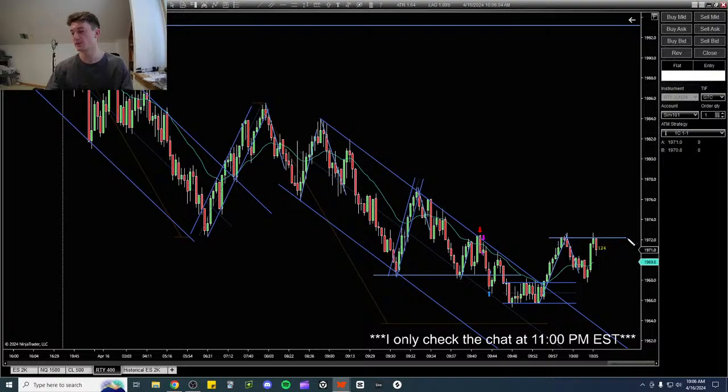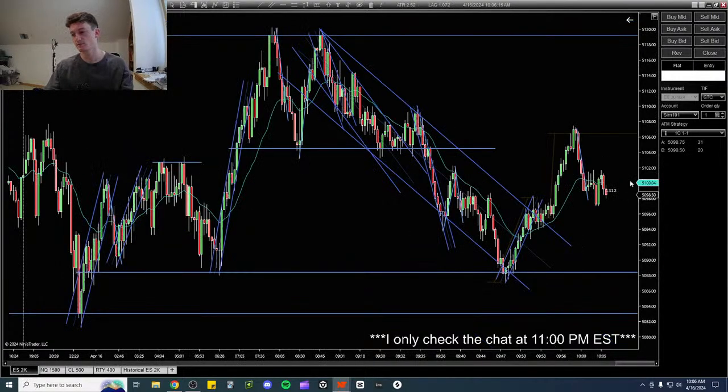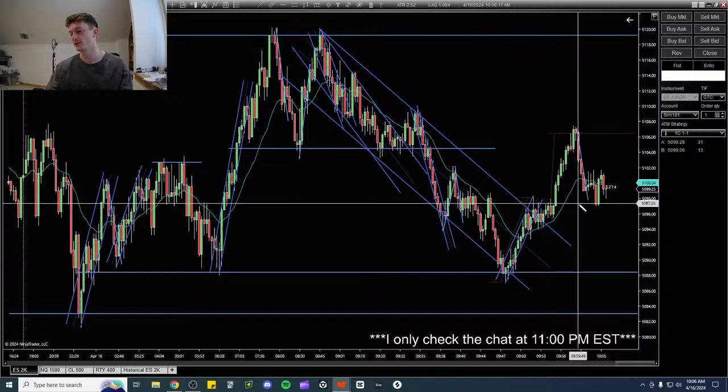Made a double top there, so we haven't quite hit the break in new high. Gotten really close though. Yes, possible just congestive area.